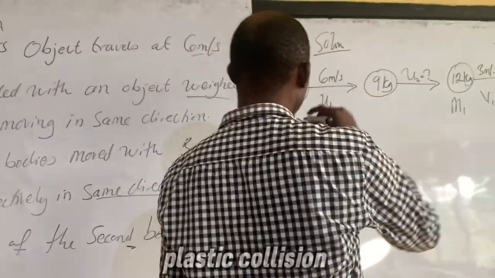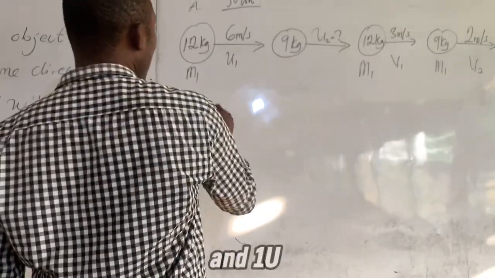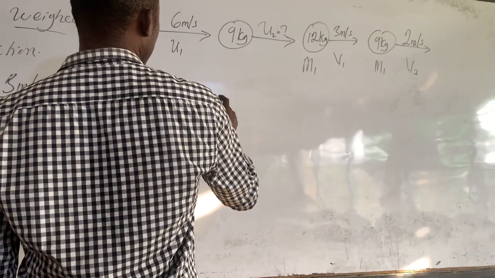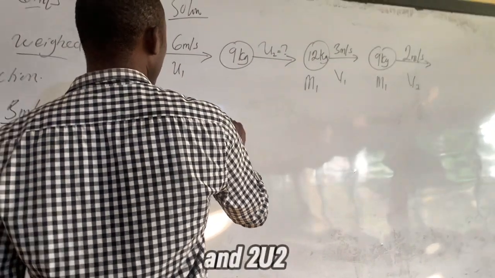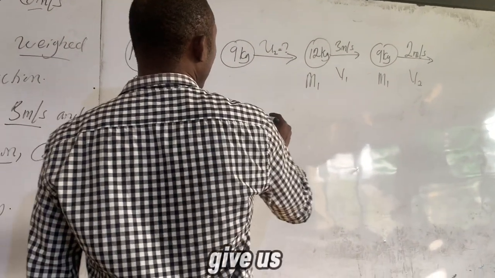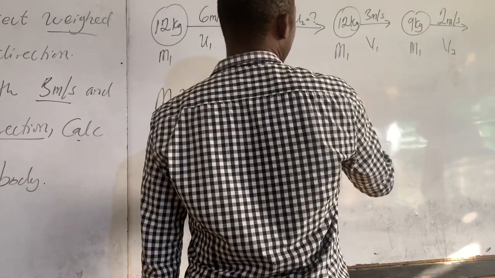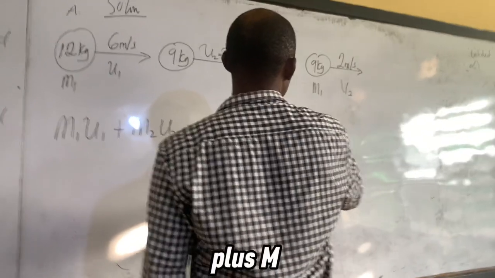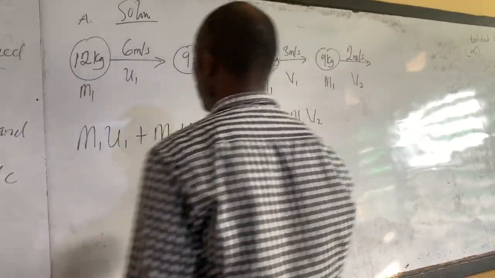This is elastic collision. M1U1 plus M2U2 will give us M1V1 plus M2V2.